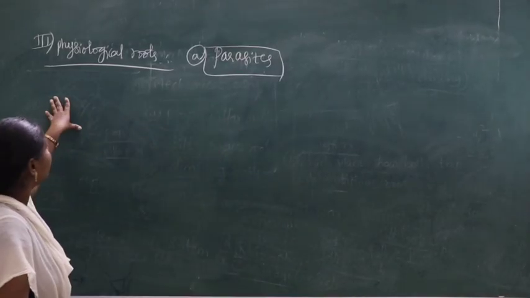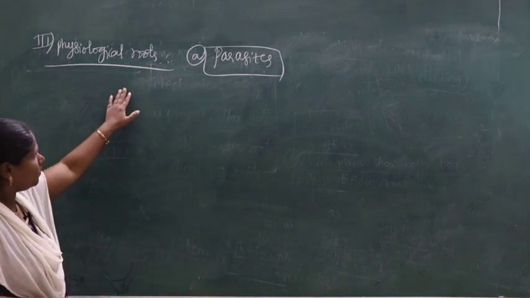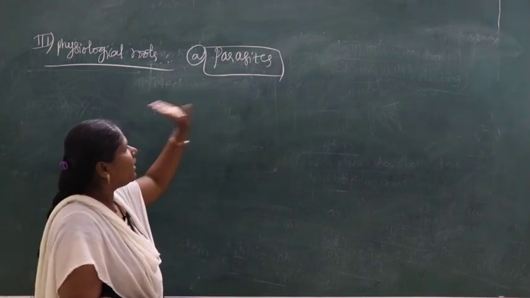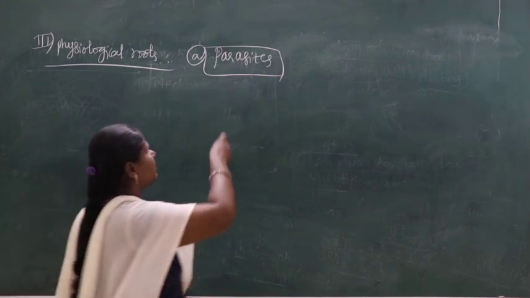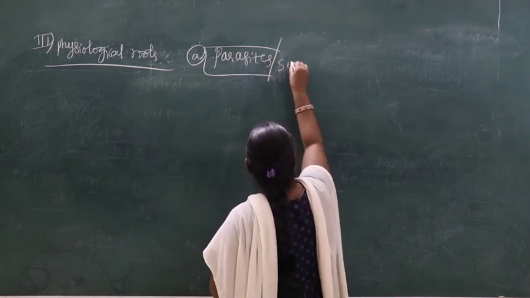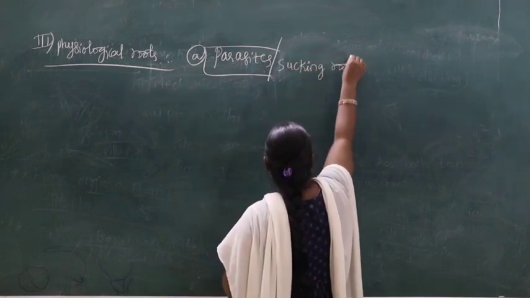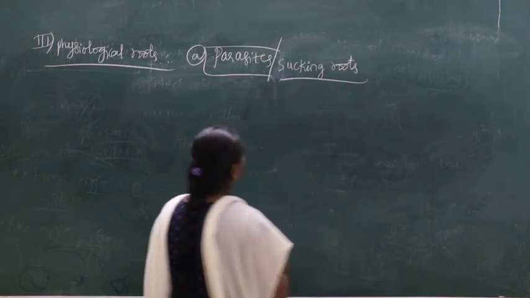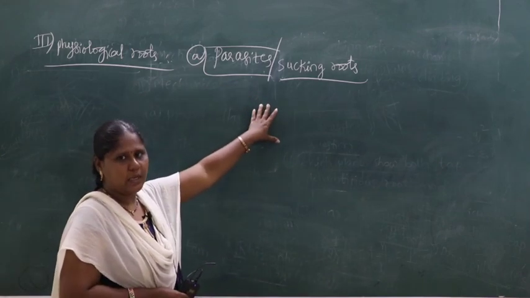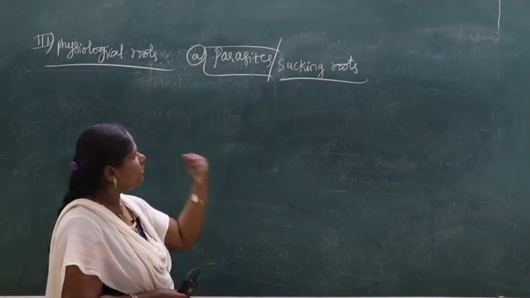What is the third category we have? Physiological roots. If you take the physiological roots, the first category we have is parasites. Now what are these parasites? These parasites are also called sucking roots. Why do you call them sucking roots? Because they suck the food. How do they take the food?